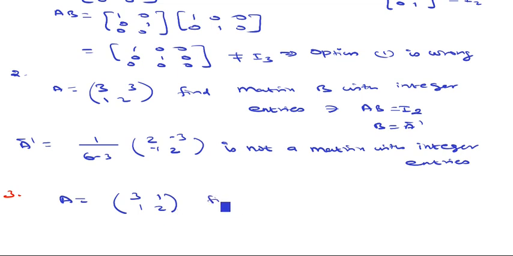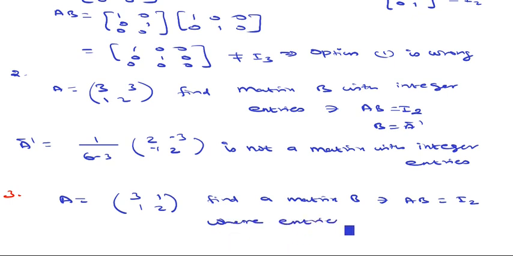Here also we find a matrix B such that AB equals I2, where entries of A and B are in Z by 6Z. Z by 6Z is nothing but Z6.